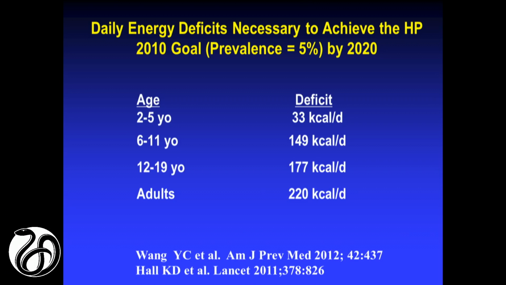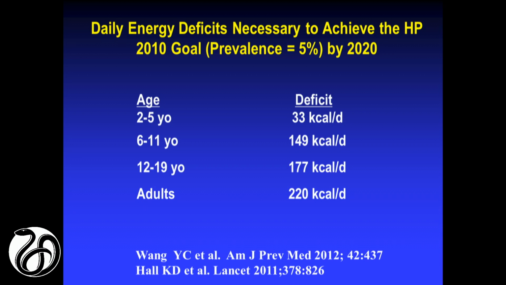So these deficits are also the caloric increments that accounted for obesity over the last 10 to 15 years. You can see that these deficits in children particularly are quite small. In the 2 to 5-year-olds, it's only about 30 calories a day, a daily caloric deficit necessary to get the mean BMI back to where it was by 2020.